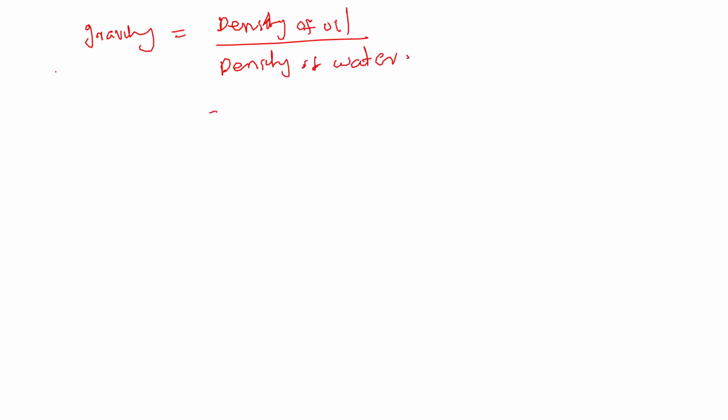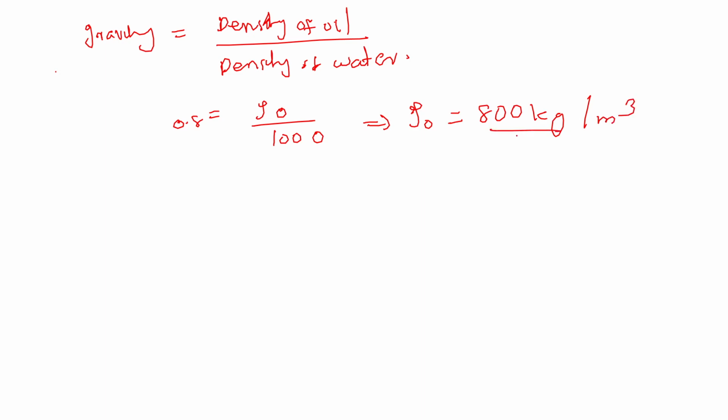So it will be 0.8, then density of oil we don't know, 1000 is density of water, then density of oil rho will be 800 kilogram per meter cube. So we will get this one.